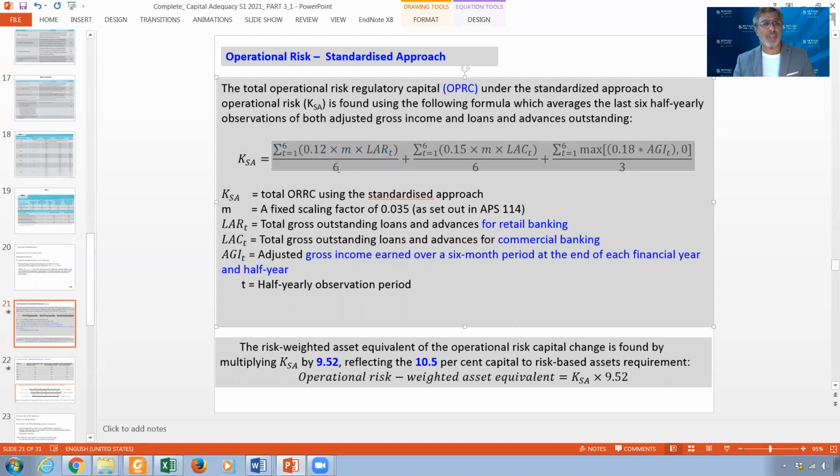For 3 years, which is actually 6 periods. So 6 periods, which means every year, 2 periods. For 3 years is 6 periods, and you get the average. So this is M, and M is 3.5, and then this is the values of the retail banking. This is the values for commercial banking, and this is the values for other businesses.